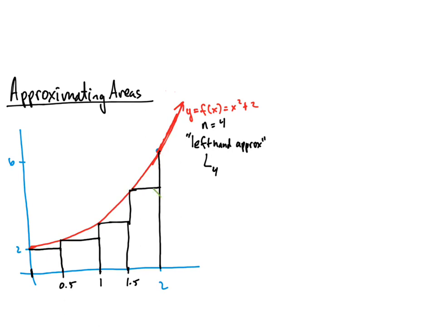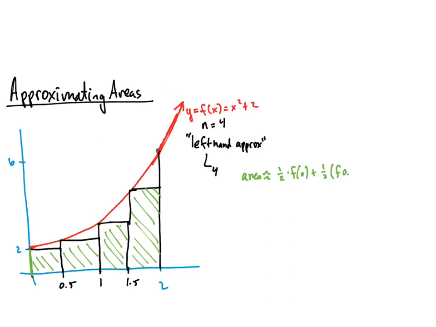So we're going to find the area, or we're going to add the area of each of these rectangles. Okay, so to do this, we're going to say the area is approximately, so the width of each subinterval is still 0.5, or 1/2. And now we're going to say times f of our first height is going to be at 0, so f of 0, plus 1/2 times f of 0.5.